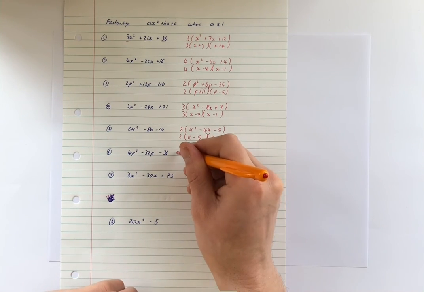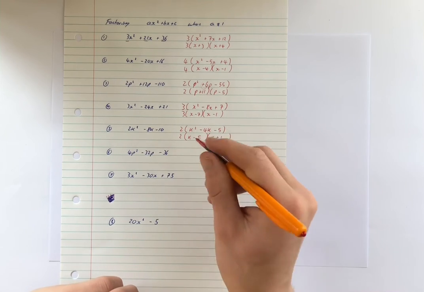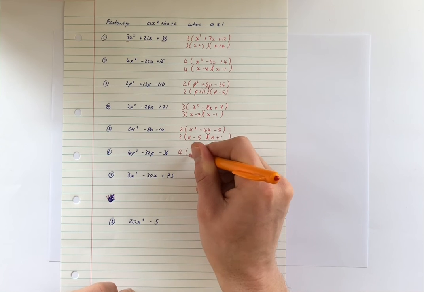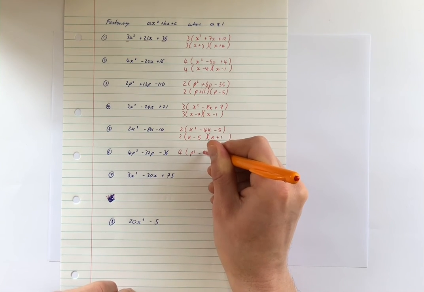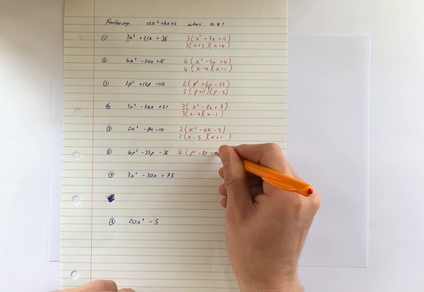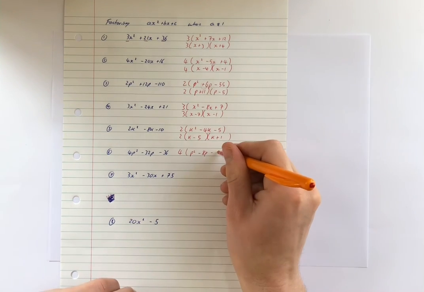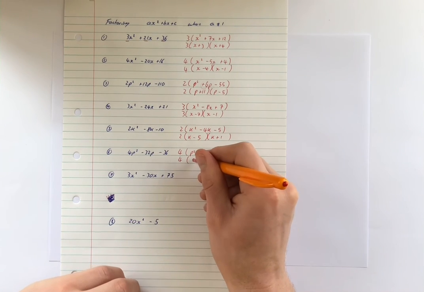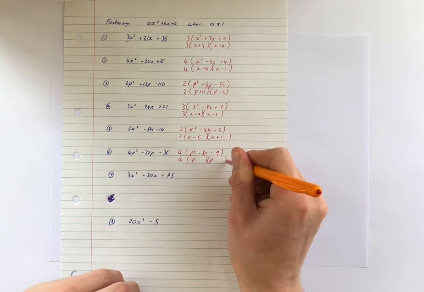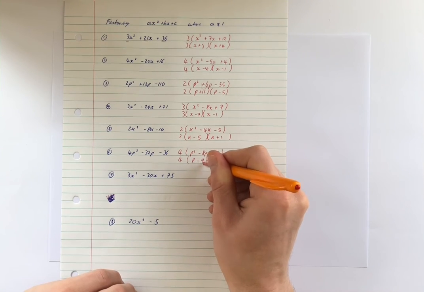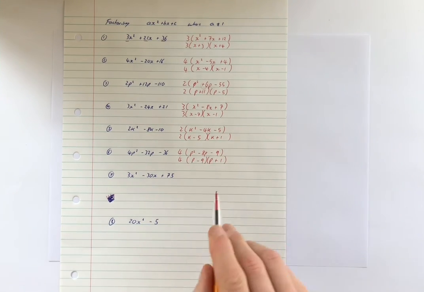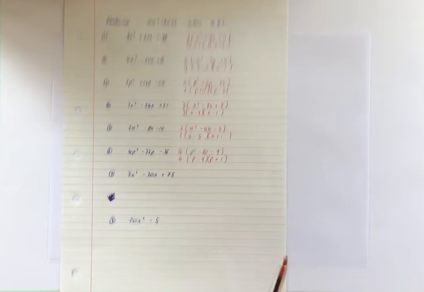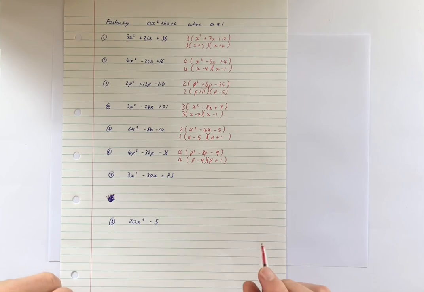Next one, a 4 can come out of all these terms, so we've got 4p squared minus 32p minus 36. 4 comes out, leaving p squared minus 8p minus, what's that going to be, 9. Simple quadratic left on the inside. We have p in both brackets, and it is negative 9, positive 1. Negative 9 times 1, negative 9. Negative 9 plus 1, negative 8. So it indeed does work.